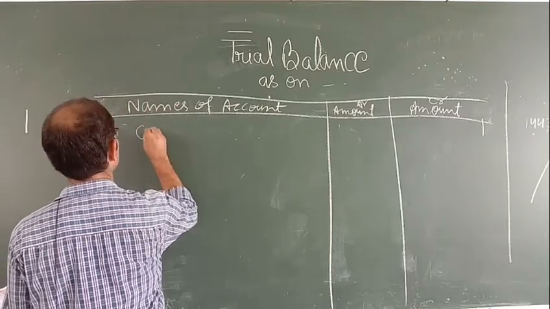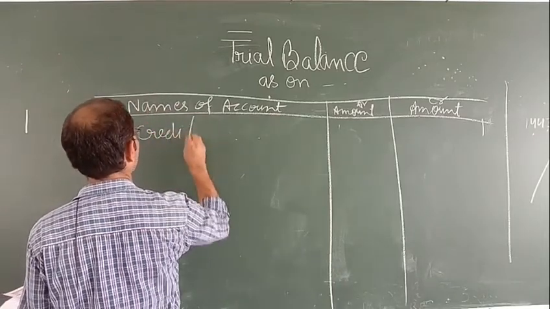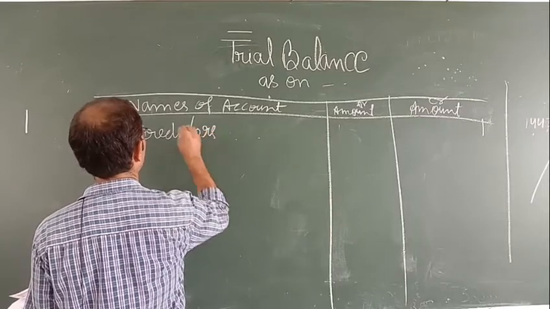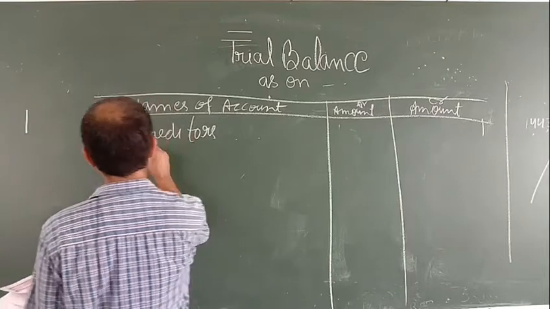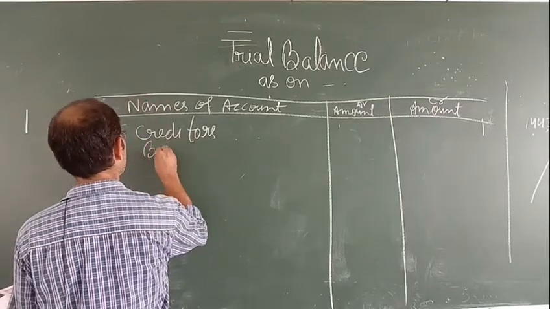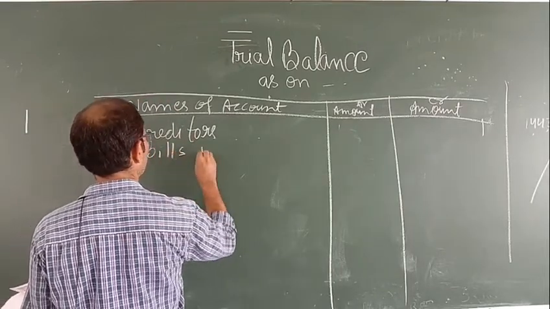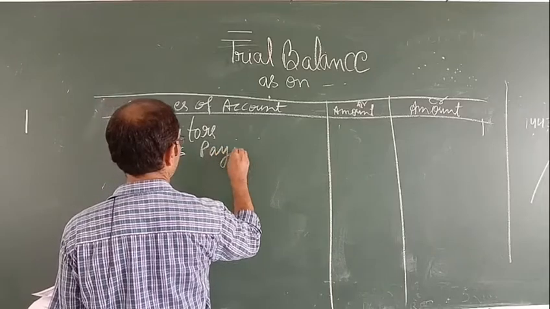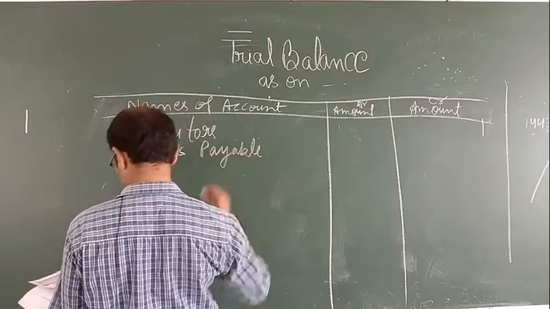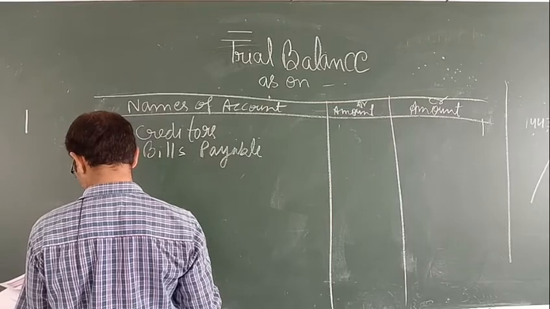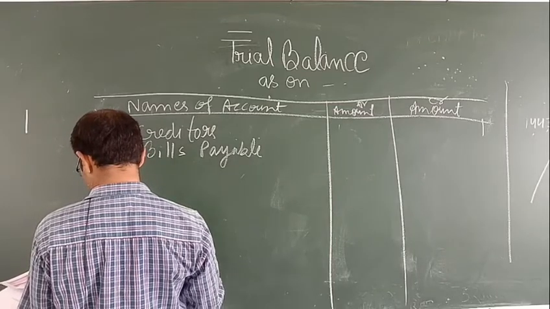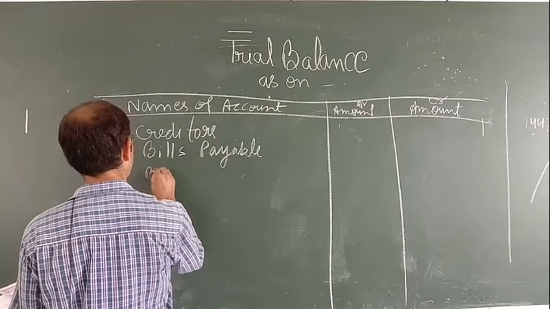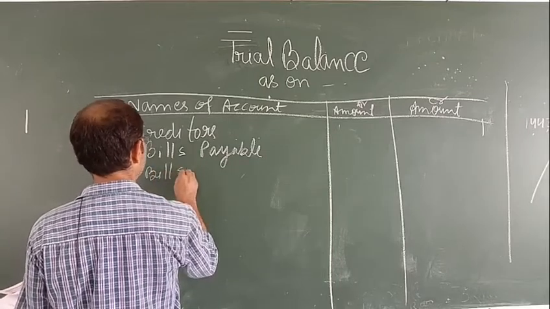Creditors. Creditors, BP means bills payable. Bills receivable means BR.